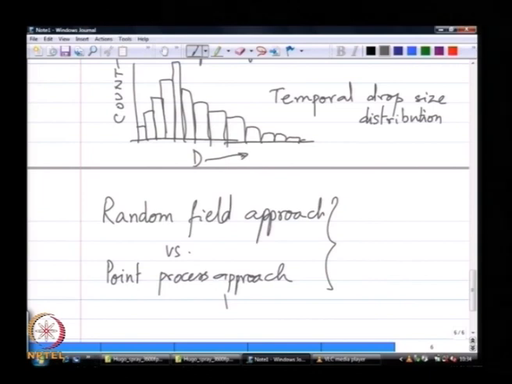Okay, we will talk about this in some detail, but I want to draw the equivalence between a field approach, that is where I am looking at a spatial distribution of some quantity, and a temporal distribution of another quantity as being two completely different ways of looking at the same system. So, in general we do not expect them to be the same, they are completely different. Okay.